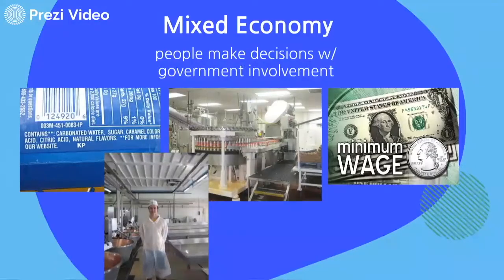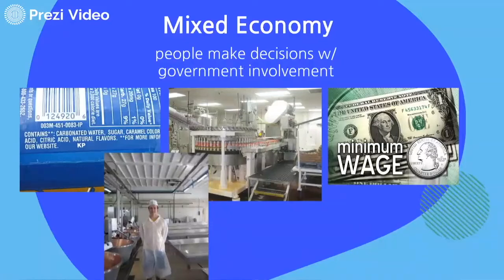So you can see here that people have decided to make and sell Pepsi, and people like you and I have the ability to decide to go and purchase Pepsi. And if we don't want to drink Pepsi, we could drink Coke. Okay, there's other brands and other competitors to Pepsi, but people aren't the only ones involved in this decision making, because the government steps in and says, well, on your cans, you have to list this, and your factories and your workers have to be dressed this way or meet these sanitation regulations.